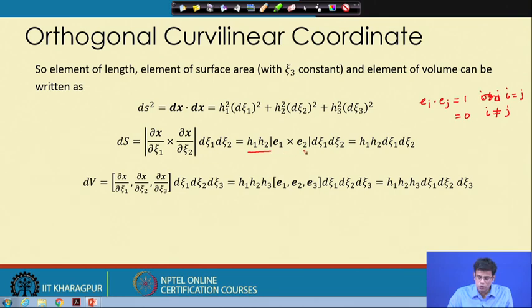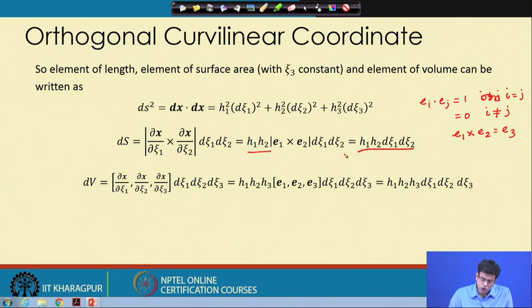Now, e1 cross e2 is essentially e3, which we know from our orthogonality relation, and the magnitude of e3 is 1. So this quantity becomes the surface area.